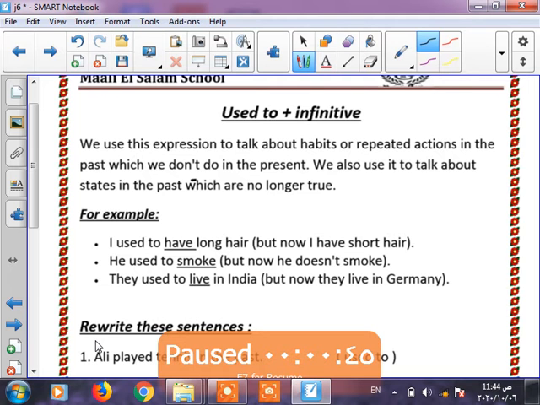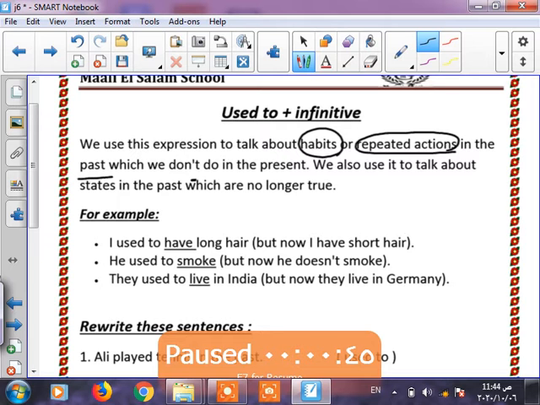When we use this expression, used to, we use it to talk about habits, or repeated action in the past.